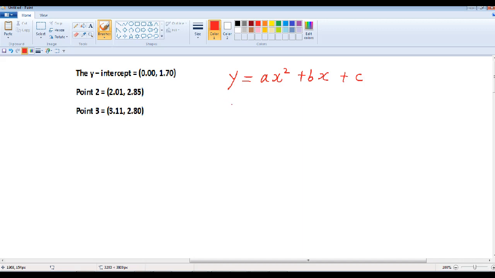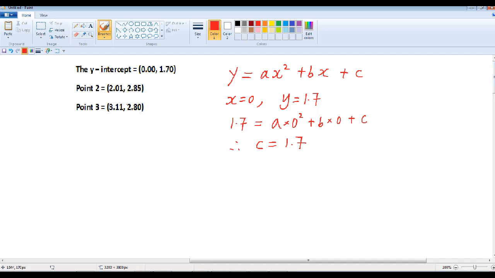Okay, first, when x equals 0, we know that y equals 1.7. In this case, that just means you put 1.7 in the place of y. You get 0 here. So basically you get c equals 1.7. So that's why using the y-intercept would be a very good strategy.